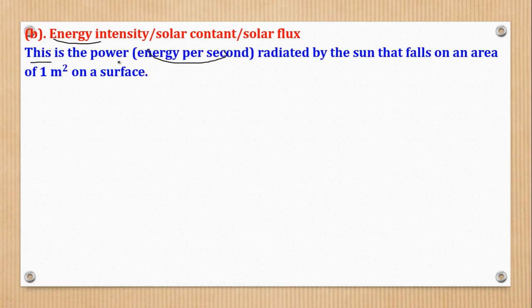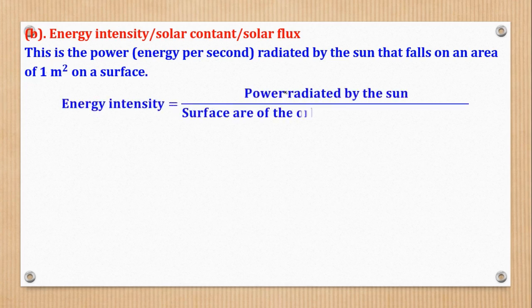So this is the power or energy per second radiated by the sun that falls on an area of 1 meter squared. So energy intensity is energy per second when the area is 1 meter squared. Area has to be 1 meter squared.